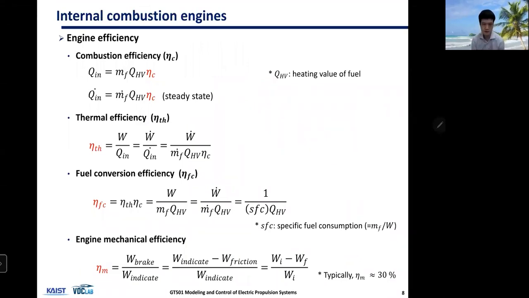summary of efficiency equations. Engine efficiency is calculated as follows.